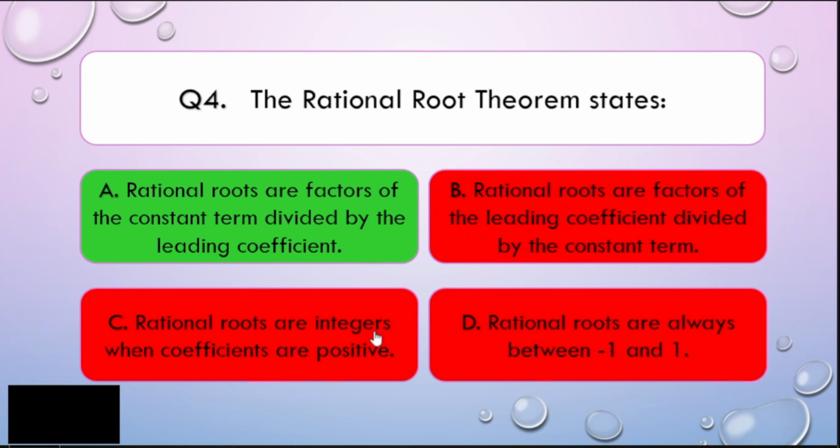Easy, right? So, this rational root theorem is part of the completing the square method, if you can still remember that in your grade 9 topics. Alright. Now, let us go to question number 5.